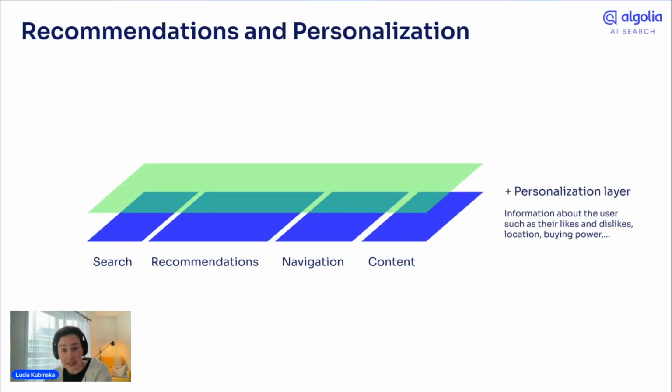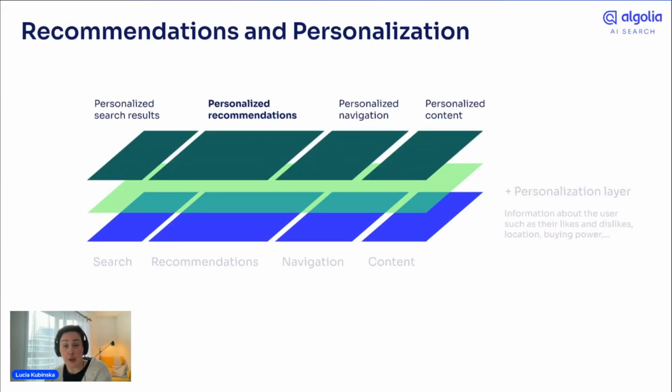But what if we did have some personalization capabilities? By personalization, I mean information about the user, their profile consisting of information such as their likes and dislikes based on past purchases, their location, buying power. In this case, personalization is a layer on top of the 4 experiences.